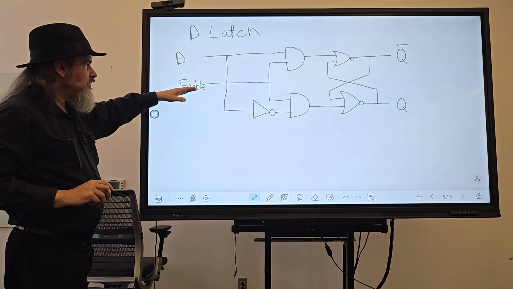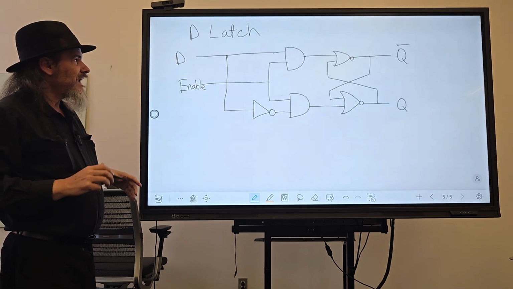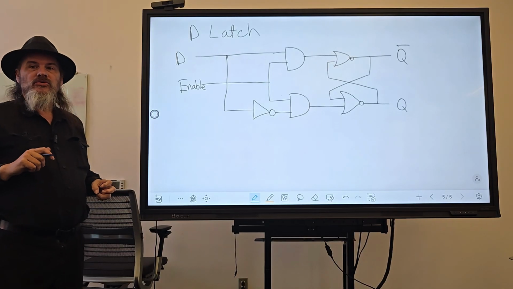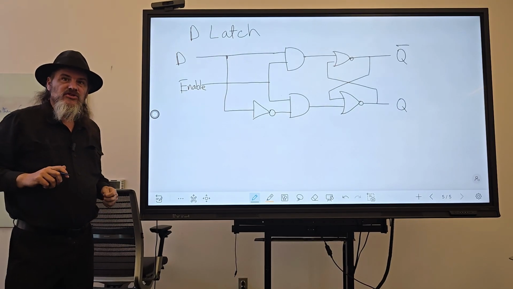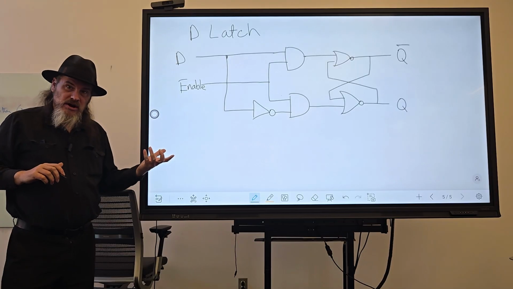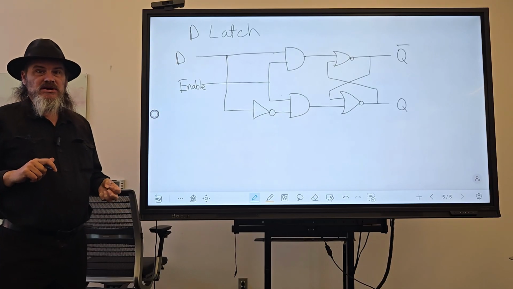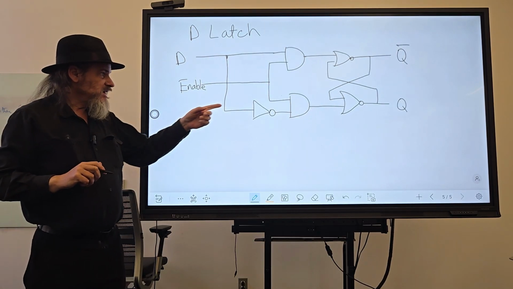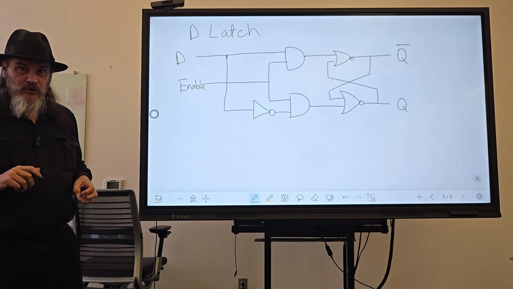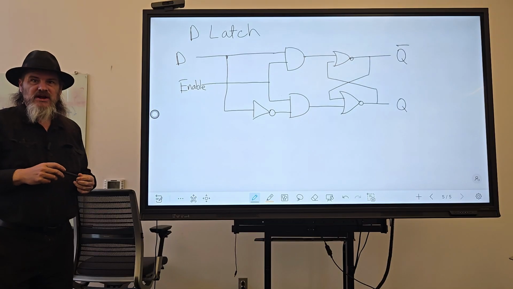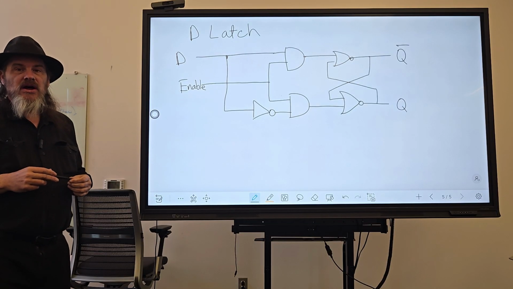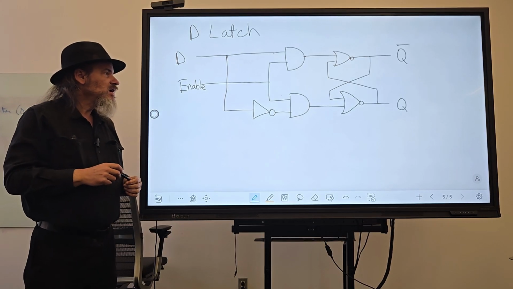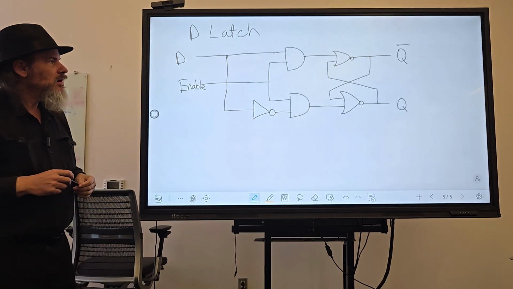When the enable goes low, it latches on to the last value of D and holds it there, essentially making this memory, a single bit of memory. It will store the value of D as long as the chips have power, much like RAM. I believe static RAM uses this type of configuration or something similar.